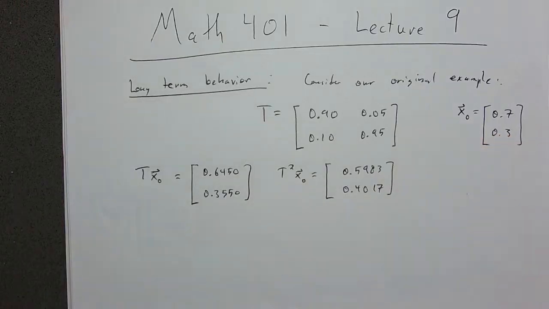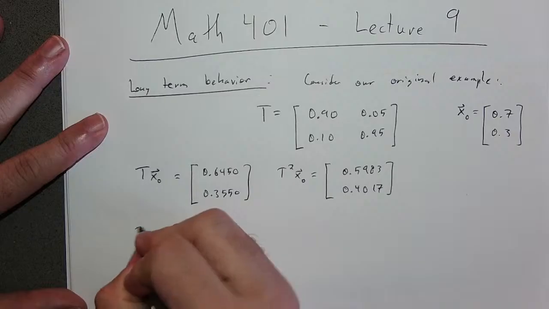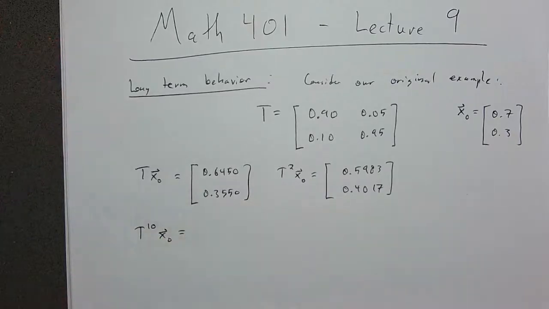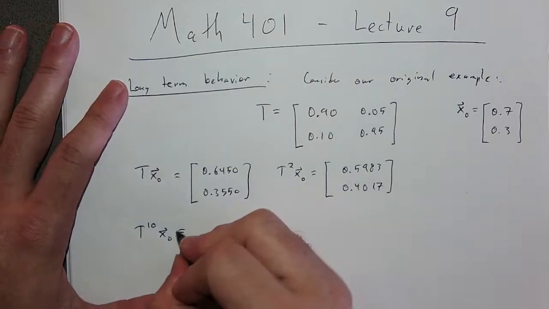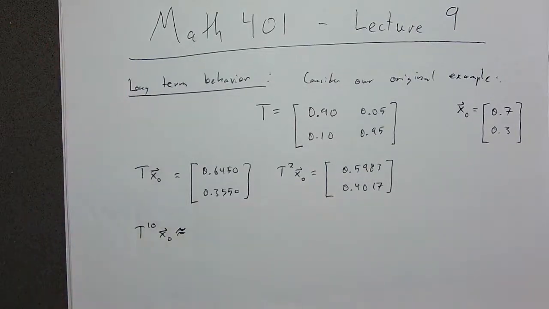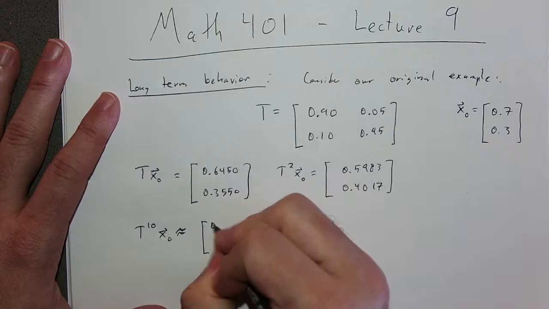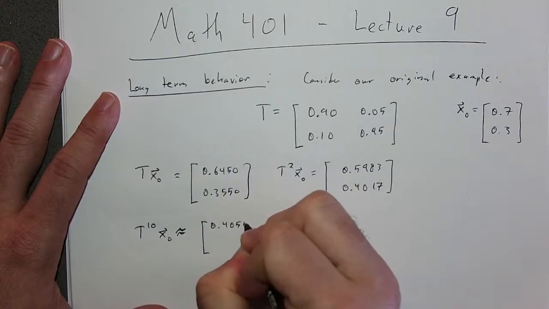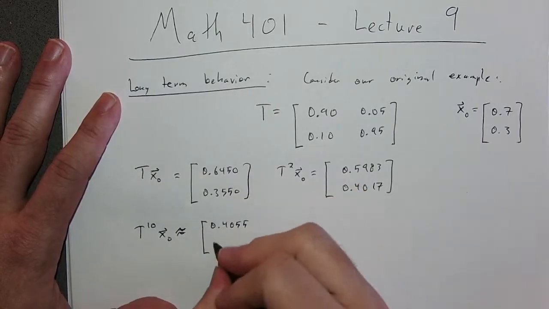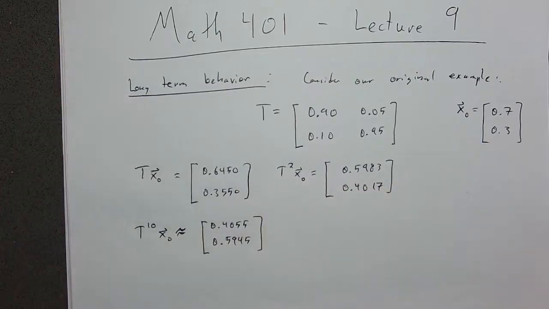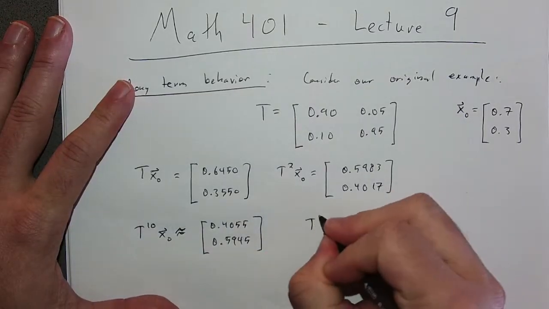What about T to the 10 times x naught? Well, we have to approximate this because we're approximating the entries in T to the 10. What do I get here? This is like 0.4055, 0.5945. What about after 100 time steps?